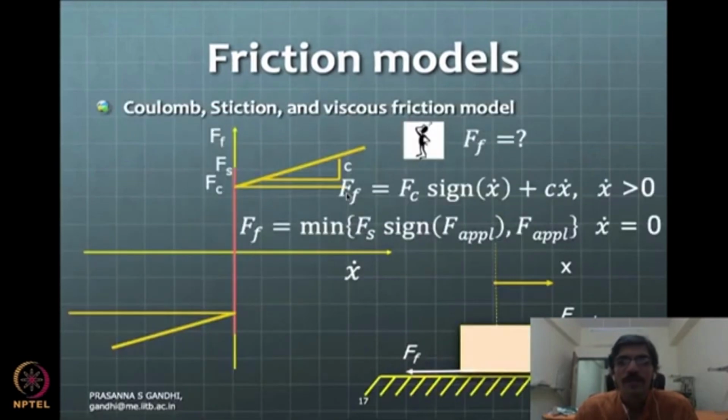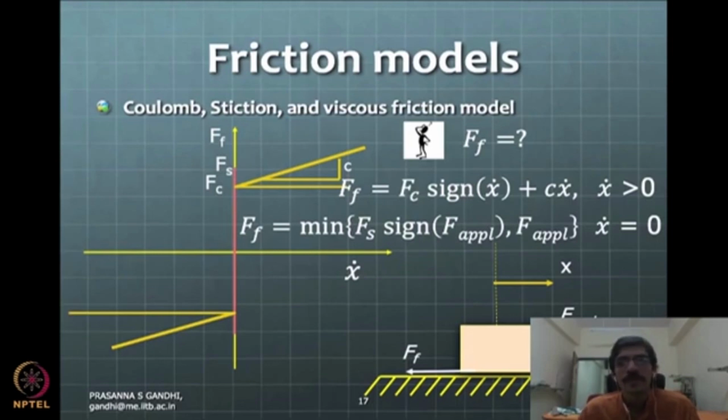Okay, now again, is this enough? Think about whether this is enough again. This captures most of the things, but the main thing that is happening, this Fs suddenly becoming Fc, somewhere that is not in nature, things are not so sudden.